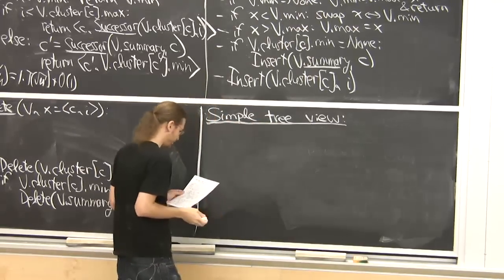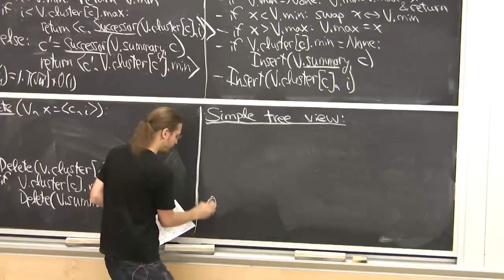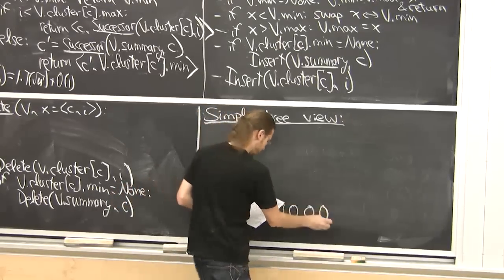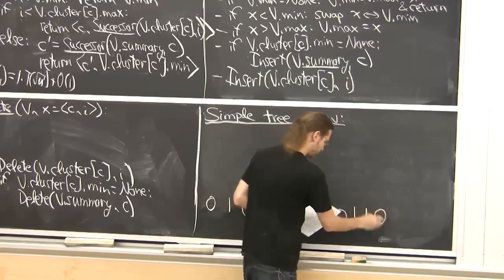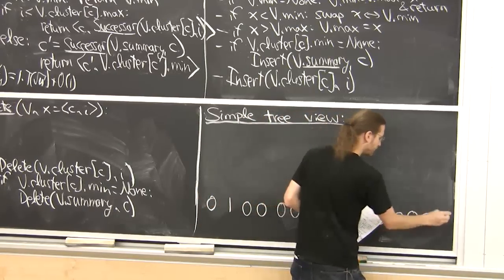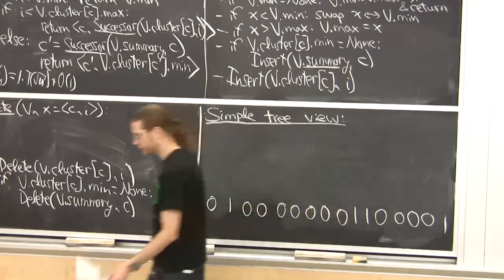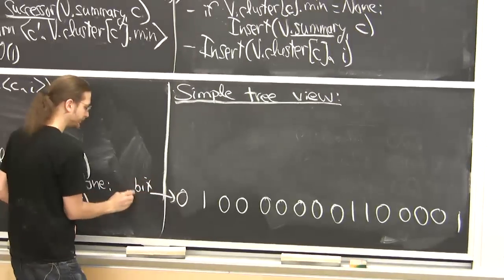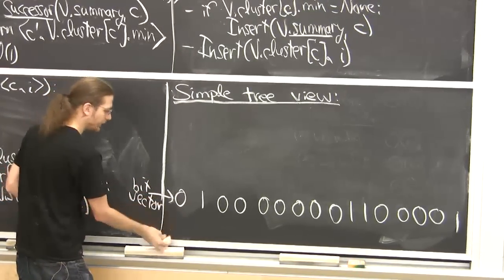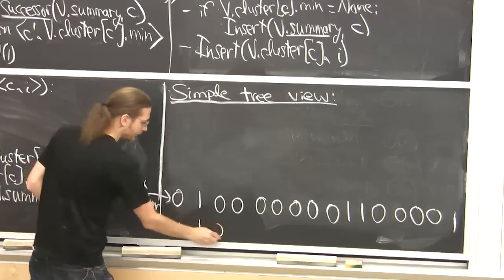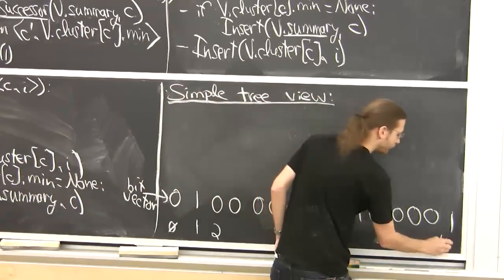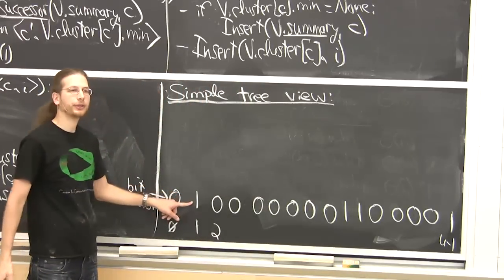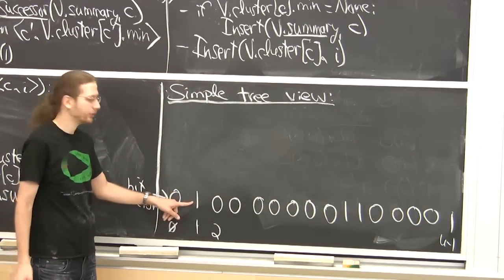So I'm going to draw a picture. 0, 1, 0, 0, 0, 0, 0. This is what we call a bit vector. Meaning here's item 0, item 1, item 2, and here is u minus 1. And I'll put a 1 if that element is in my set and a 0 otherwise.